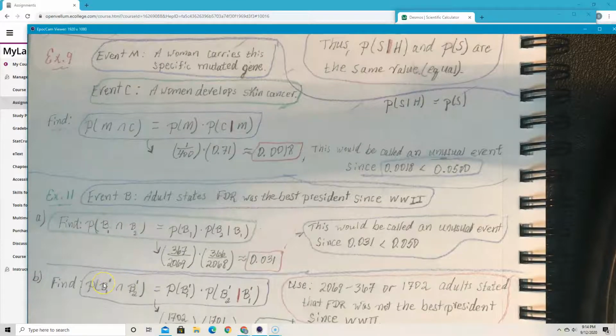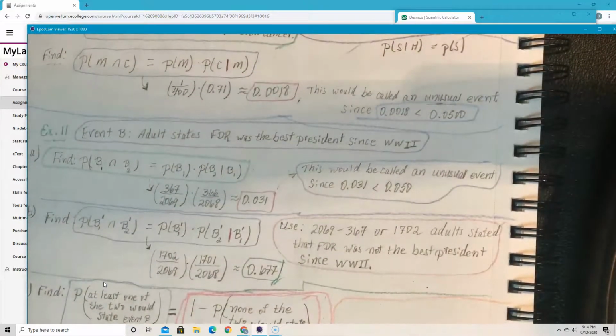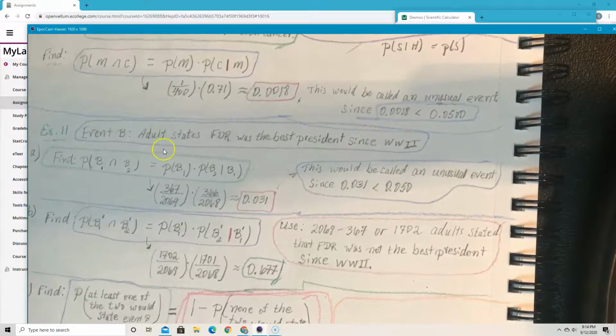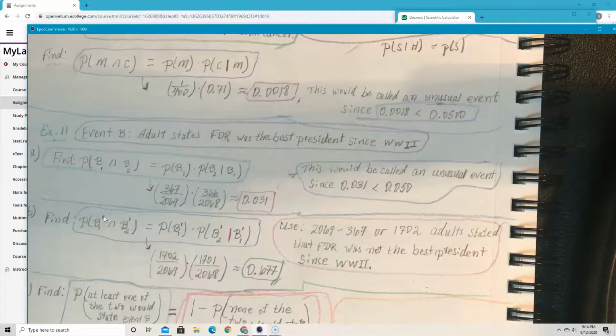Since I called this event B, where an adult was randomly picked and they were an adult who stated FDR was the best president since World War II, then if you put a prime right here, that means the complement. Remember we talked about that as well in the last section, 3.1.